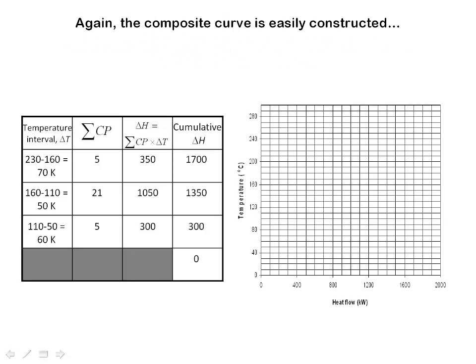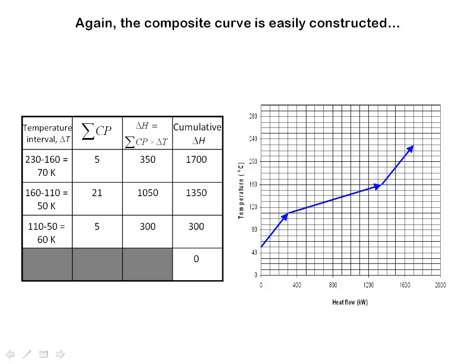Having tabulated the information, again we can easily construct the composite curve. We start at our lowest temperature of 50 degrees C with 0 heat at that point. By the time we get to 110 degrees C, we've required 300 kilowatts. By the time we get to 160 degrees C, we need a total of 1350 kilowatts.